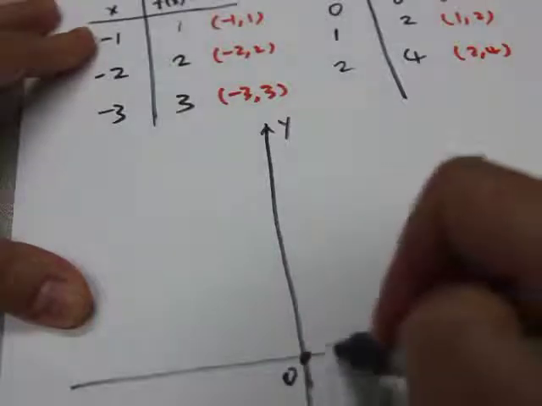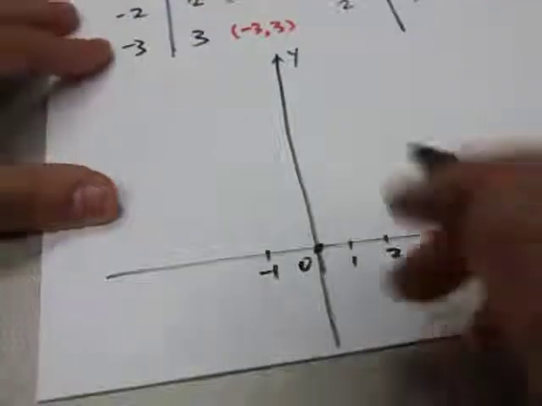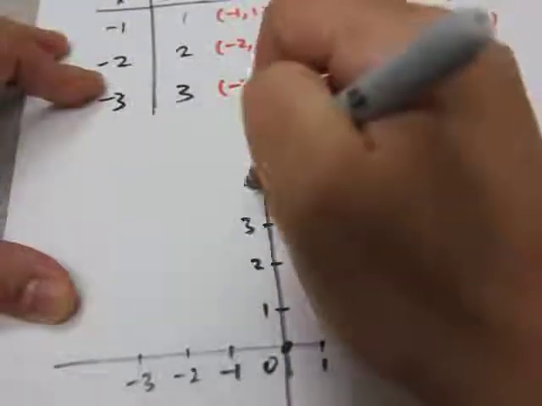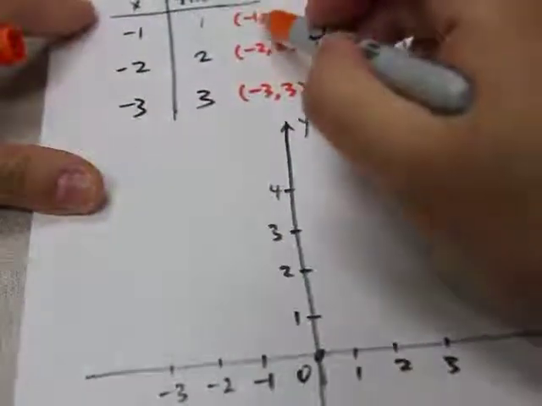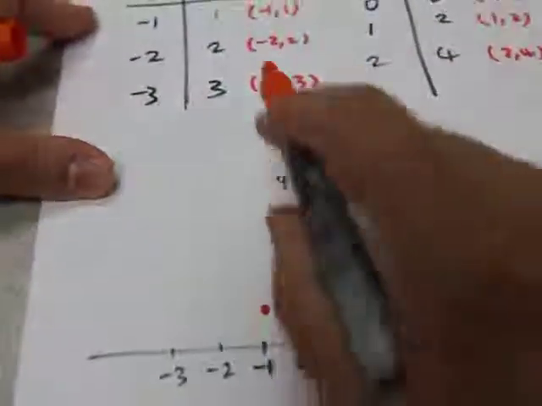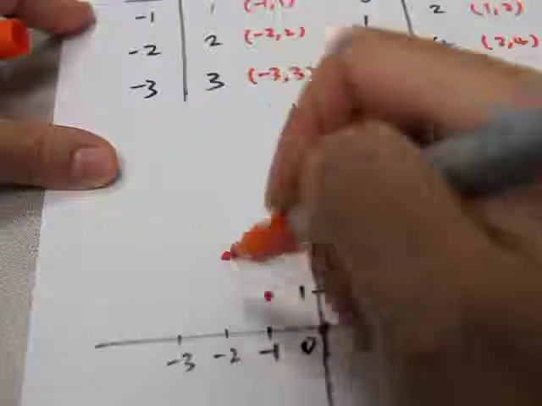So this is 0, 1, 2, 3, negative 1, negative 2, negative 3. This is 1, 2, 3, 4. So negative 1, positive 1, so that's here. And negative 2, positive 2, that is here.